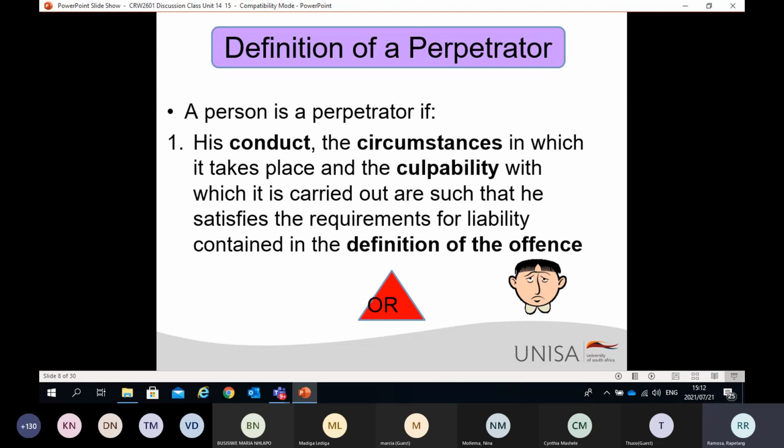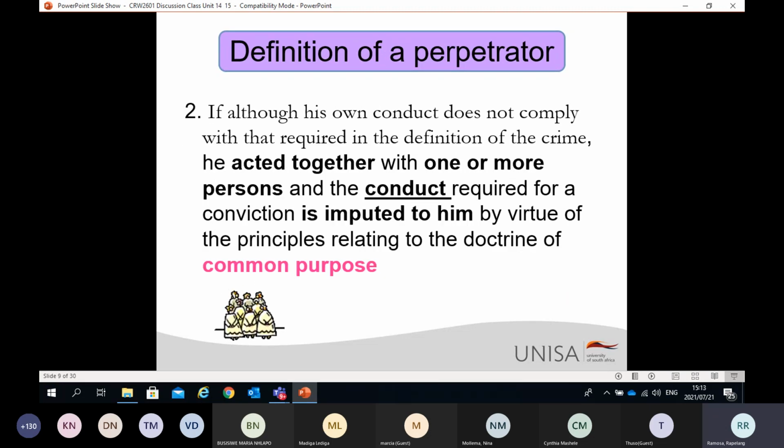The second form, which will be more the focus of our discussion in this unit, is whereby the person, although by their own conduct they do not comply with the circumstances in the different elements of the crime, acted together with one or more persons, and the conduct required for the conviction is imputed to him by virtue of the principles related to the doctrine of common purpose. So here, a doctrine is applied to satisfy the missing elements in the different elements of the crime.